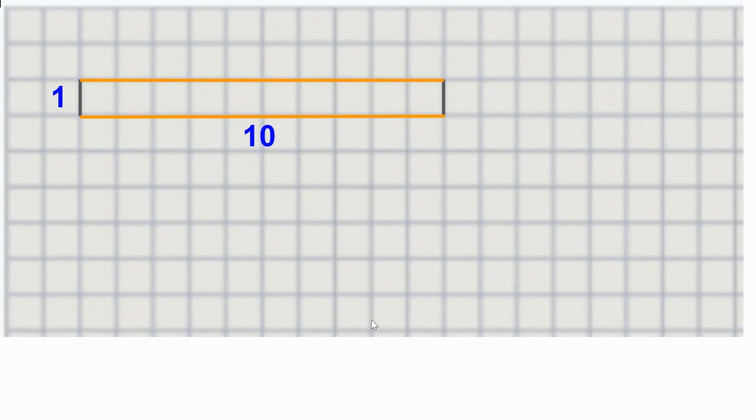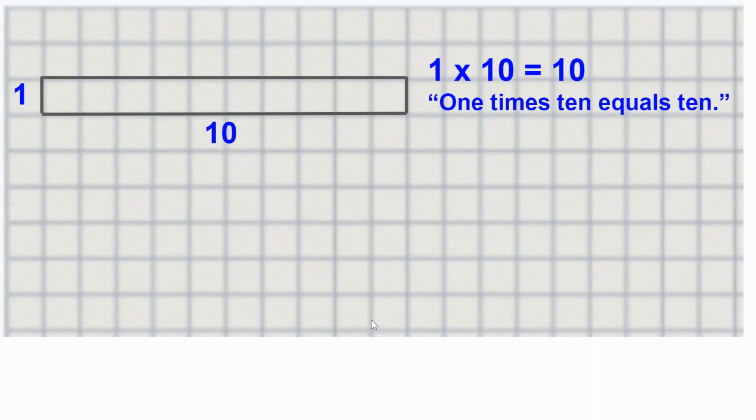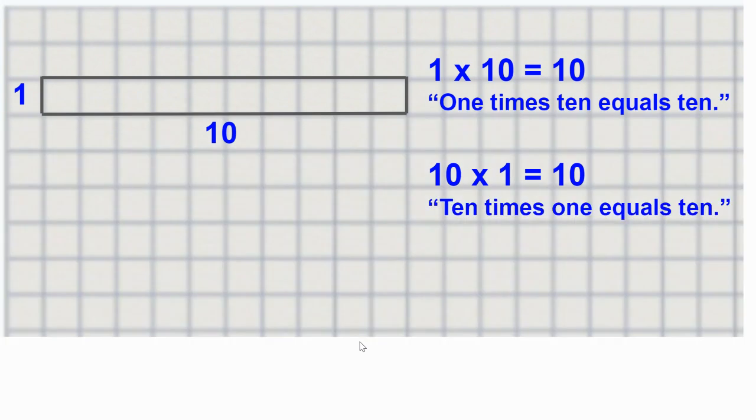And this illustrates the multiplication fact of 1 by 10, where in this case 1 times 10 equals 10. It's also the same as a 10 by 1 rectangle, which means 10 times 1 also equals 10.